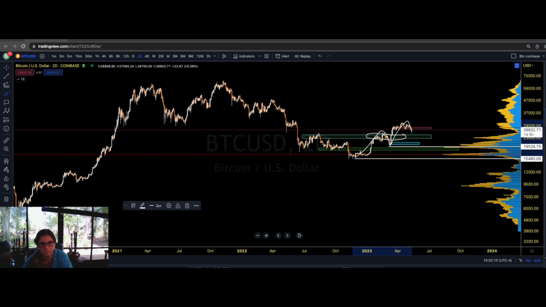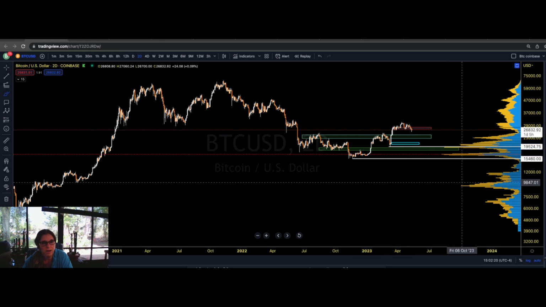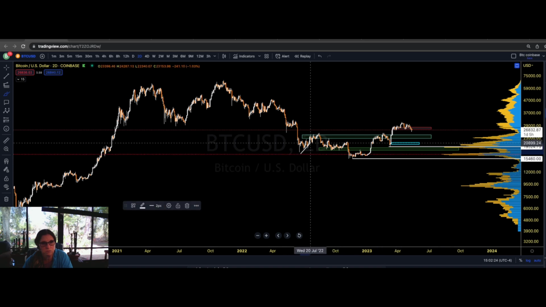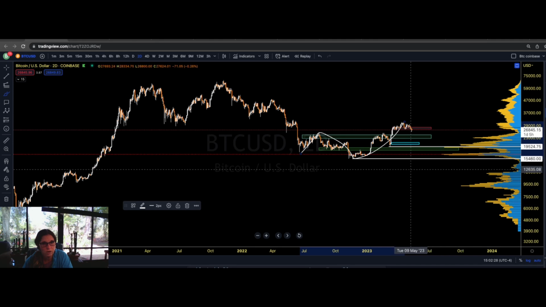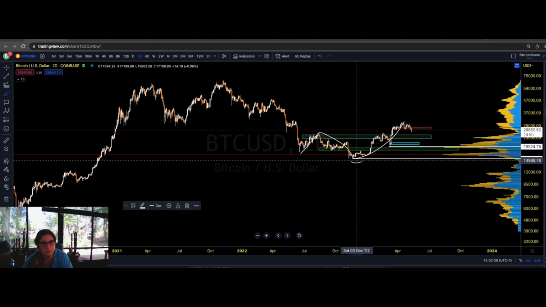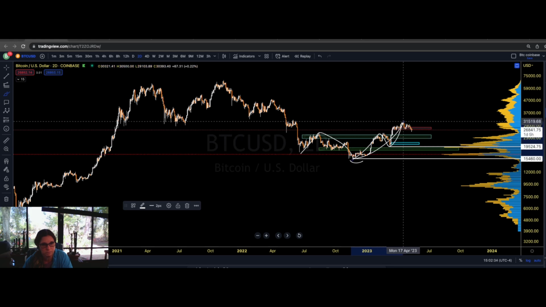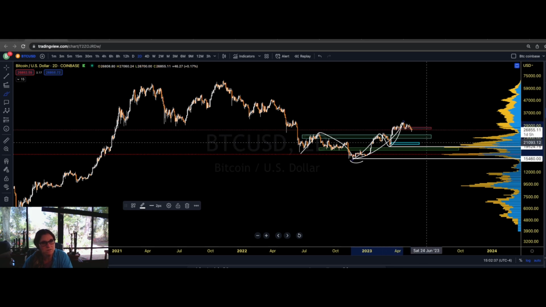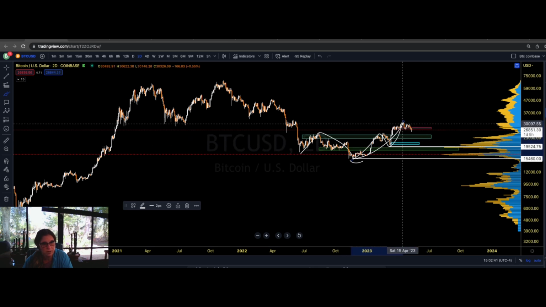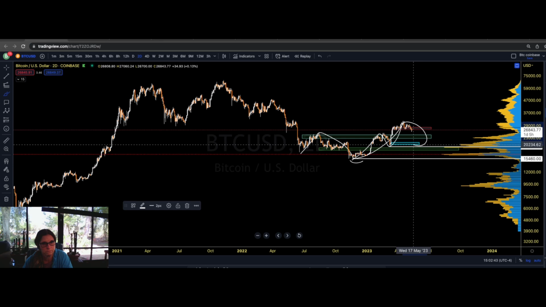All right, let's talk about the bear scenarios. The bear scenario is that this was a flat of an ABC, or that this was a bottom here, but this rose in a zigzag ABC. Now, Bitcoin can save itself, if that is the option that it took, by putting a connector here.